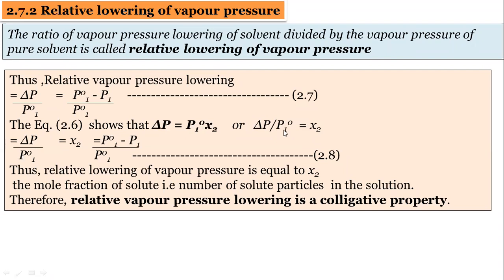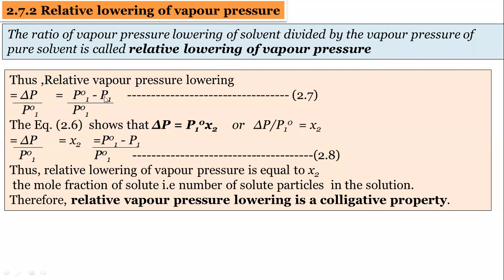So we can put this value, delta P upon P01 equal to X2, in the above equation. So delta P divided by P01, which is P01 minus P1 divided by P01, is equal to X2. So this X2 is substituted in equation number 2.7.